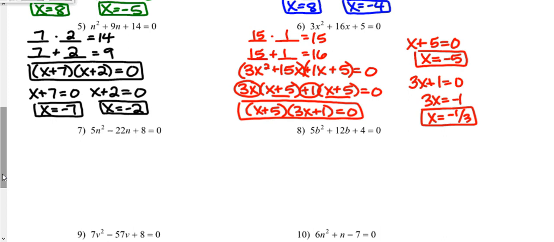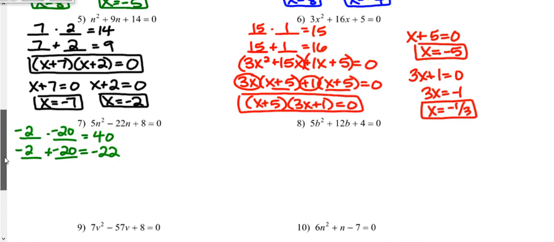So going into the factoring process, we're going to do numbers that multiply to a times c, which would be 40, and add to your middle number, add to your b value, which is negative 22. So numbers that multiply to 40 but add to negative 22 would be negative 2 and negative 20.